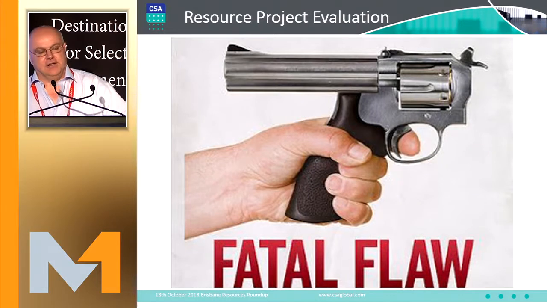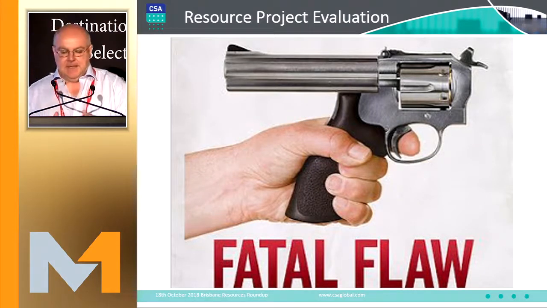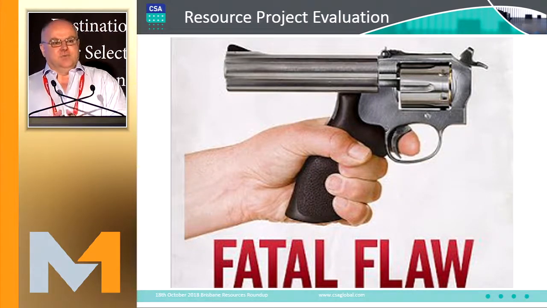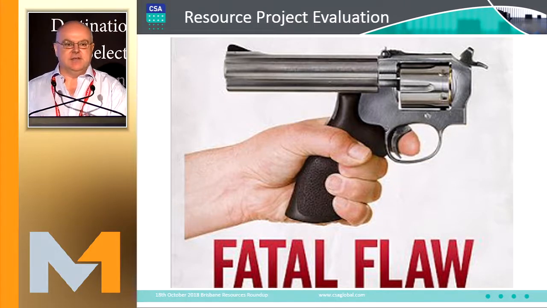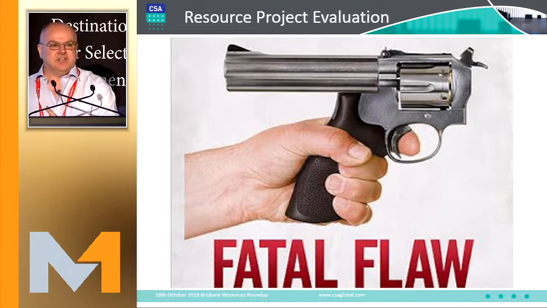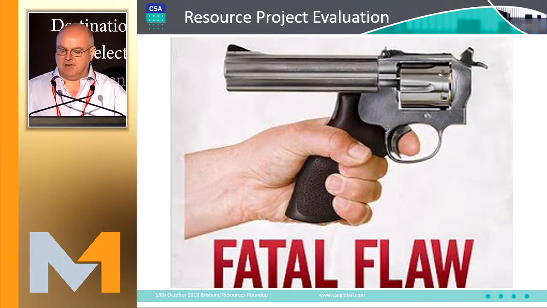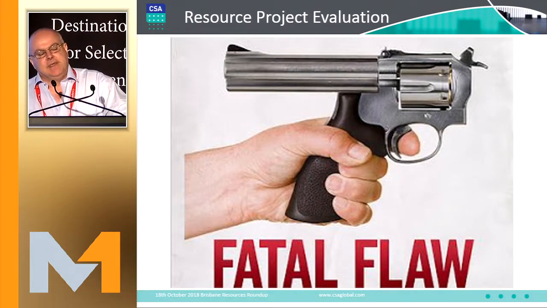A fatal flaw in many projects may not even revolve around poor geology or poor geological understanding. It can be to do with environmental issues. People may not have got the proper permits in place for the project to progress. One fatal flaw recently that we came across in a project in Asia was where the company had done millions and millions of dollars worth of drilling, but they were using an unaccredited lab.